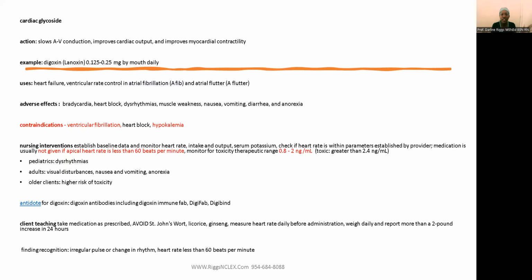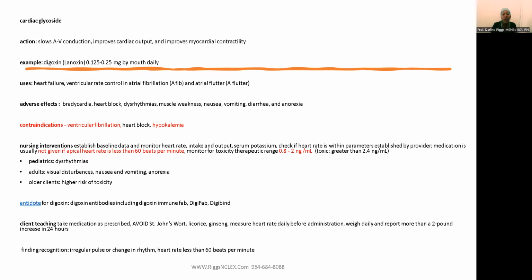Atrial fib, atrial flutter, not for ventricular. Not for your heart blocks. Not if they're hypokalemic. Remember your contraindications. Dig, AFib, A-flutter, not ventricular, not your heart blocks, not hypokalemia.